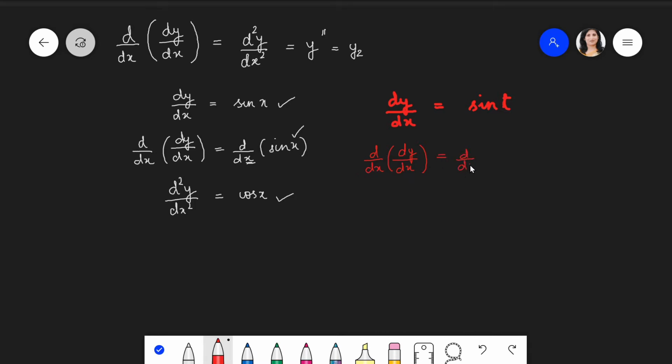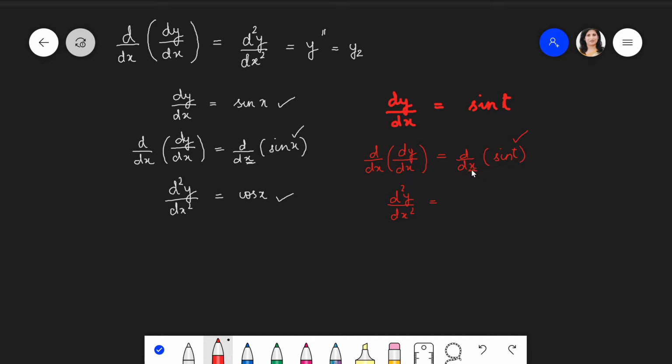So the right side also, differentiating with respect to x. Once again the left hand side is d2y by dx square. Now on the right side you notice that the function has variable t, but we are differentiating it with respect to x.